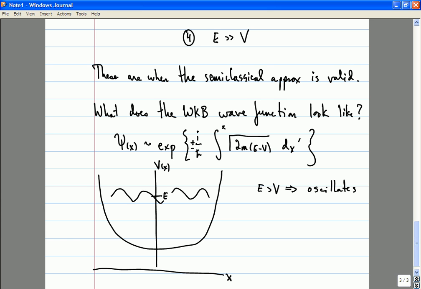And in order to have a normalizable wave function, at least for the sort of potential that I've drawn here, you know that it has to be dropping off exponentially rather than increasing exponentially, so that the wave function will look something like that. So if E is less than V, then the wave function is exponentially damped.